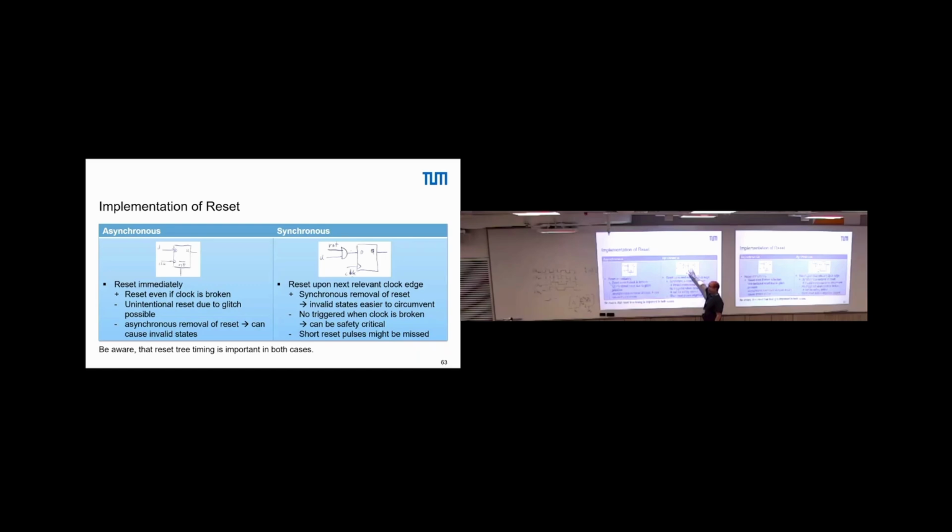This case is similar to what I've drawn with that one, just that in that case we synchronize only at one place, and here we synchronize for every flip-flop individually. This is the standard case for an FPGA. This here is the standard case for an ASIC default. Benefit of this one here: if I put a reset, I immediately reset the system.